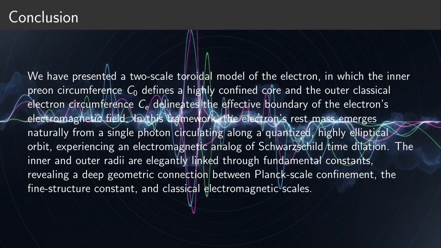In this framework, the electron's rest mass emerges from a single photon, circulating along a quantized, highly elliptical orbit. This photon experiences an electromagnetic analogue of time dilation. The inner and outer radii are linked through fundamental constants, revealing a geometric connection between Planck-scale and classical physics.